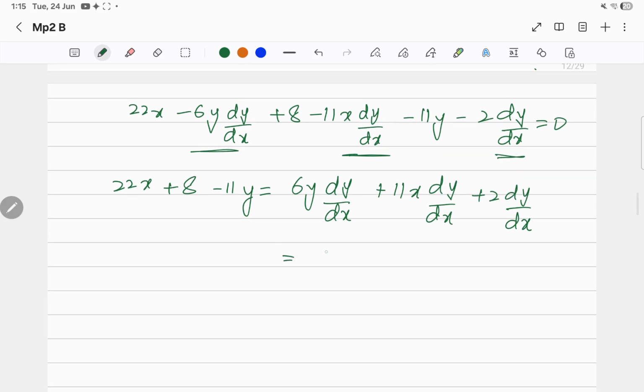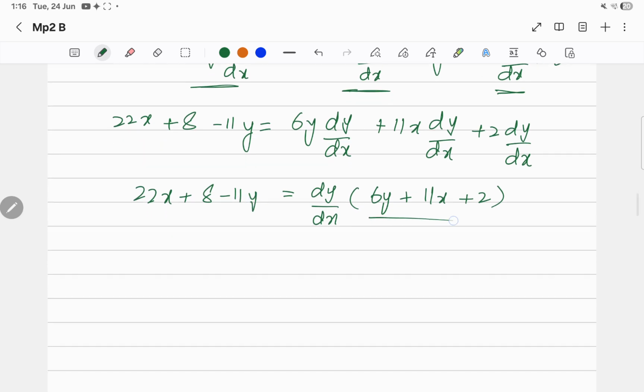Now on the right hand side, we can take dy over dx out as a factor, so dy over dx times 6y plus 11x plus 2, and the left hand side is 22x plus 8 minus 11y.